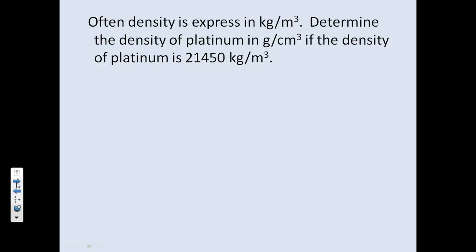Our last one is a conversion, and density is often expressed in kilograms per meters cubed. And I have the density of platinum as 21,450 kilograms per meters cubed, and I want it in grams per cubic centimeter. So my first conversion is 1,000 grams in 1 kilogram.